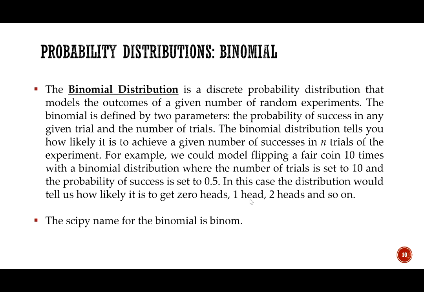For instance, we could model flipping a fair coin 10 times with a binomial distribution, where the number of trials is set to 10 and the probability of success is set to 50%. In this case, the distribution would tell us how likely it is to get 0 hits, 1 hit, 2 hits, and so on. So the SciPy name for binomial distribution is binom.